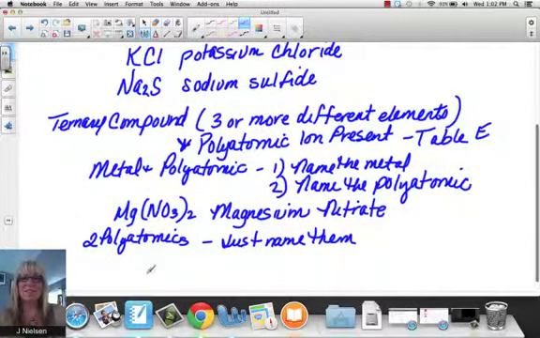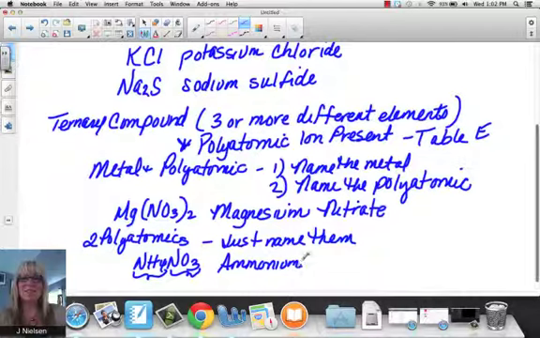So an example might be NH4NO3. Here's my first polyatomic, and here's my second polyatomic. So I look up NH4 in Table E, and it says ammonium. And NO3 is nitrate. So this is ammonium nitrate.